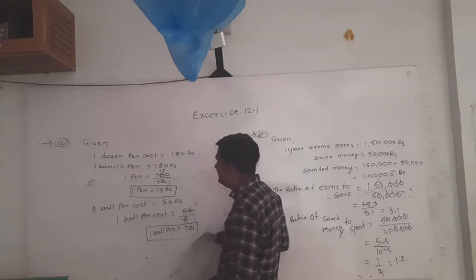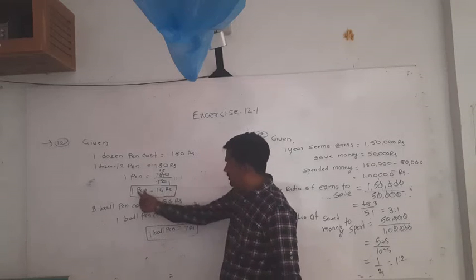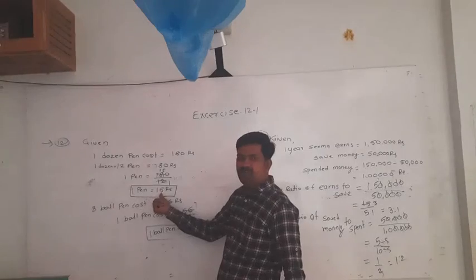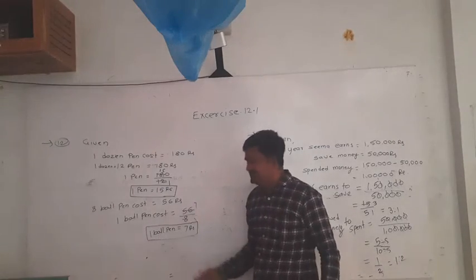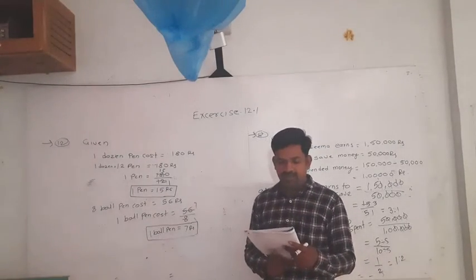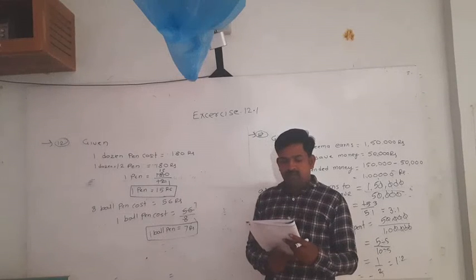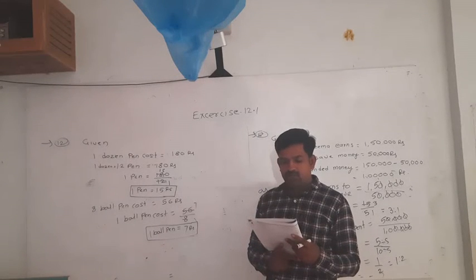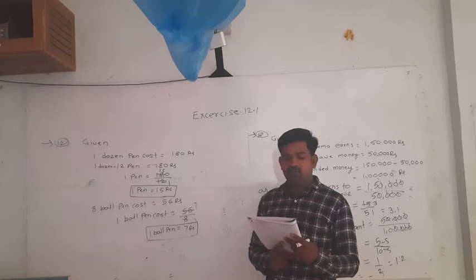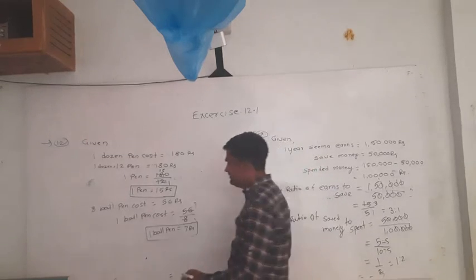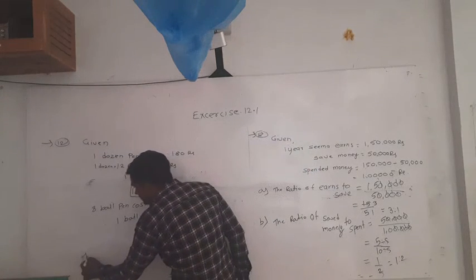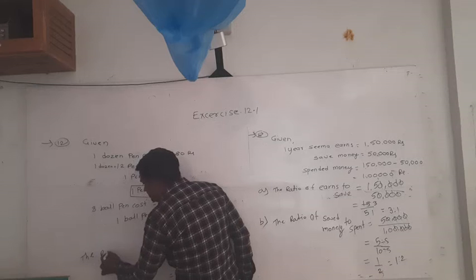Now we get here that the cost of a pen is 15 rupees and the cost of a ball pen is 7 rupees. Now what do you want here? Find the ratio of the cost of pen to the cost of ball pen.